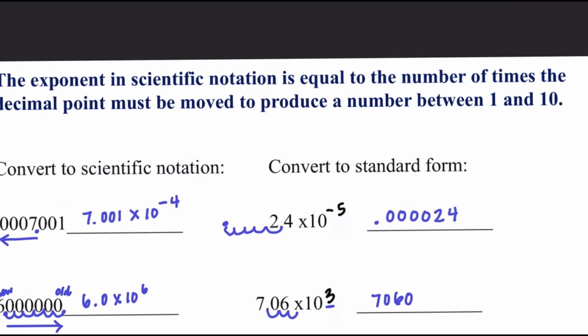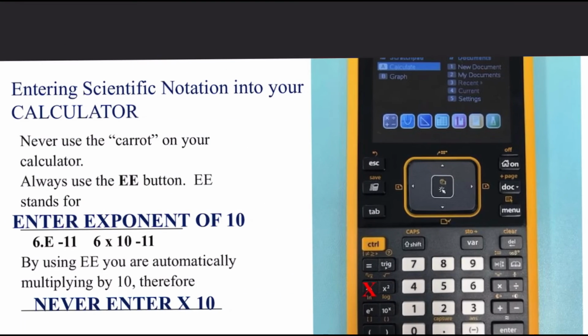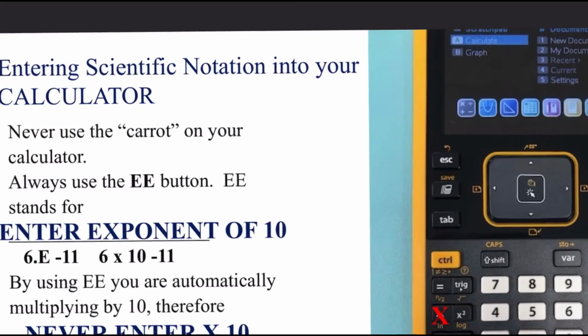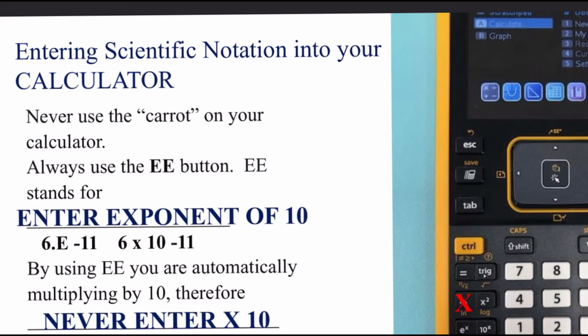Converting back and forth. But one of the most important things, and it's something I'm going to say over and over, even at the end of the year, pay attention to this. On our calculator, you never use the caret. You know the caret's that little up arrow? You always use this EE button right here. That EE stands for enter exponent of 10. Okay?